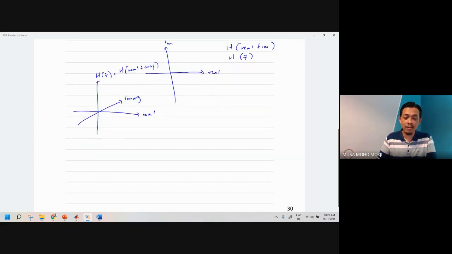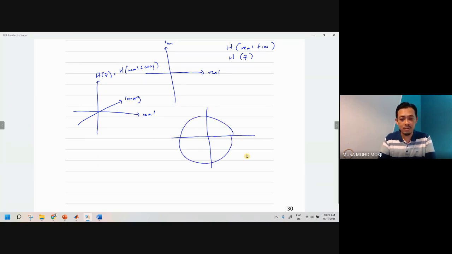When we draw the ROC, it is some region, and this is circular. It is based on a radius, which is R. Let's say this is alpha. So what is the R now? The R is alpha, but not just alpha.